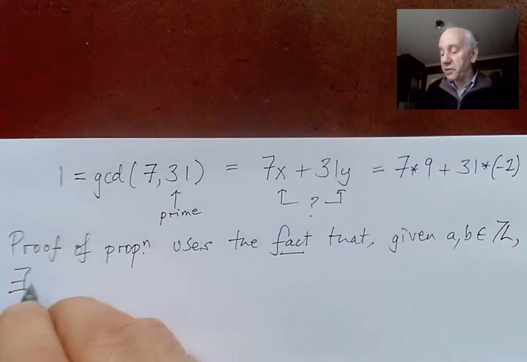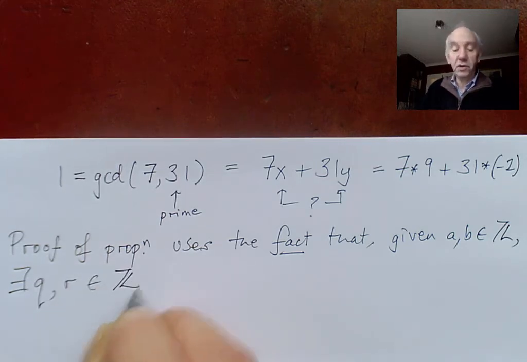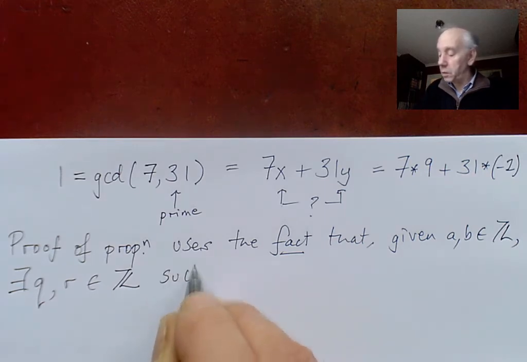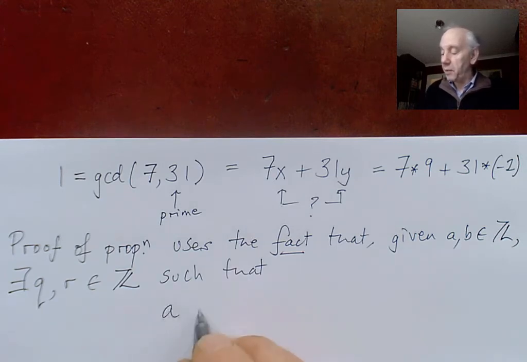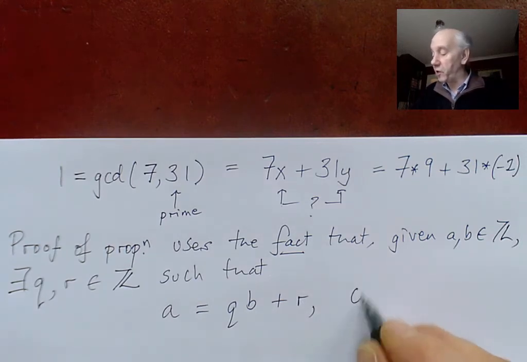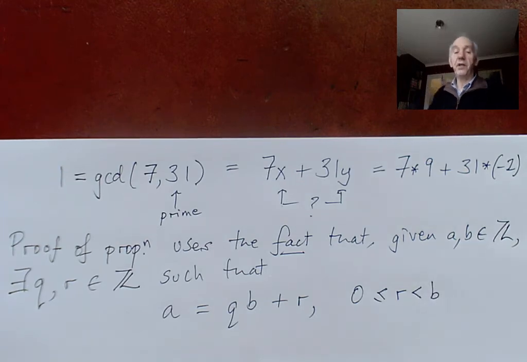So there exist, in the general situation, not just a q, but also an r, integers q and r, such that a equals qb plus r. If we try and divide a by b, we'll get our quotient, but we may need a remainder term r, but we can always choose the remainder term. It could of course be 0, but we can always choose it to be strictly less than b.